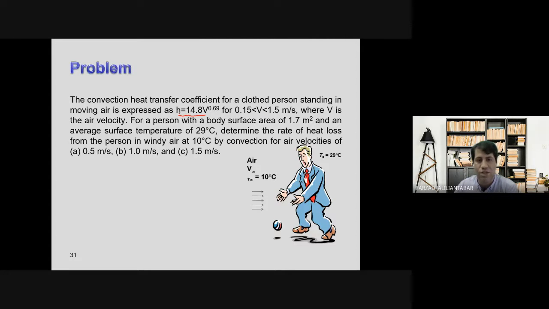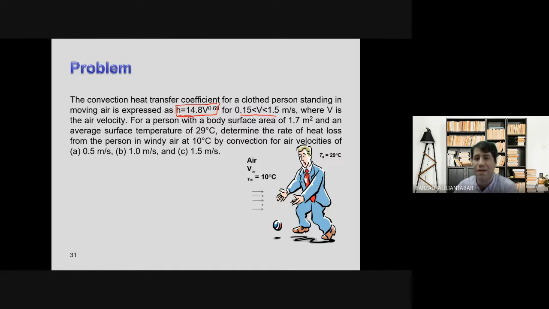Then we have h, and we have a relation for that. You can see here, h is a function of the velocity of the air. And this function is valid when the velocity of the air is between 0.15 and 1.5 meter per second, and V is the velocity of the air.